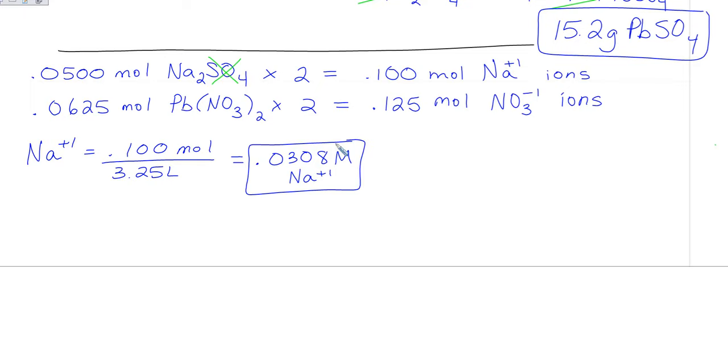Now I got to find the other one, the nitrate. We can do the exact same thing. The nitrate is 0.125 moles in 3.25 liters of total volume. So plug this in our calculator and we'll leave 3 sig figs. So let's say 0.0385.